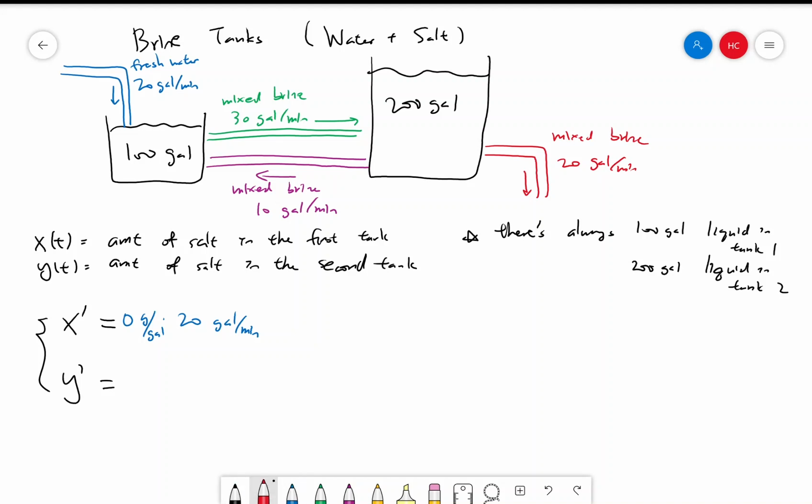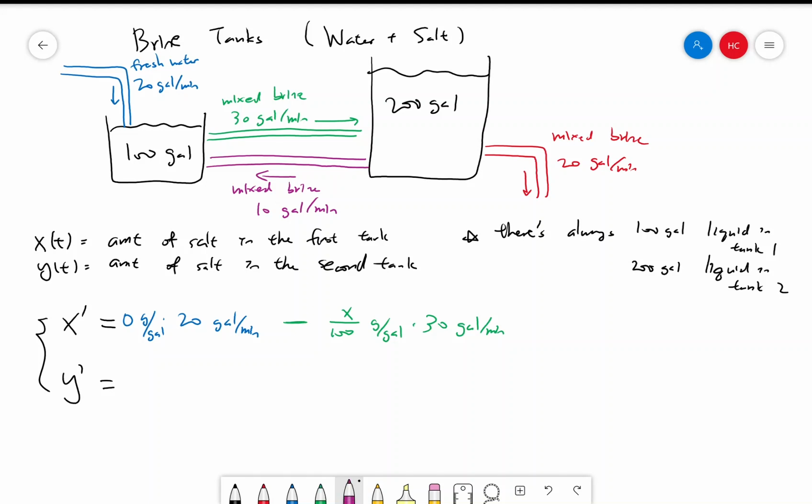That doesn't change anything because it's just water coming in. Now the green pipe takes away 30 gallons per minute of liquid, and the concentration of tank 1 at that moment is x over 100 grams per gallon. Because it's leaving tank 1, this is subtraction.